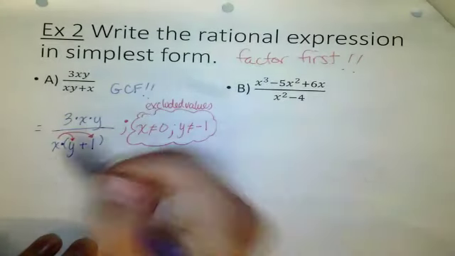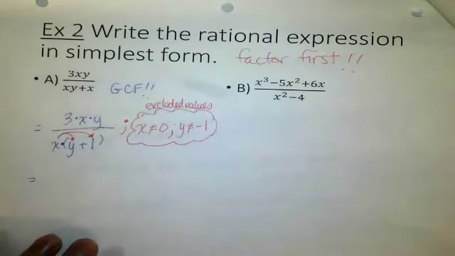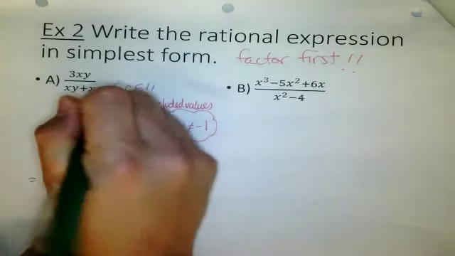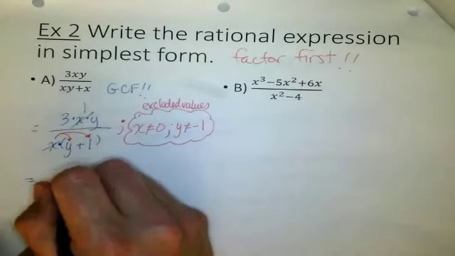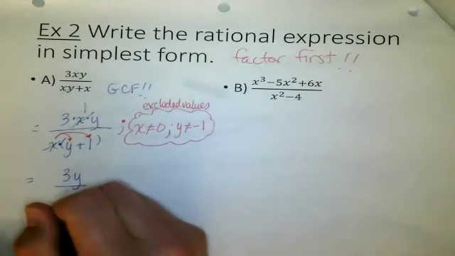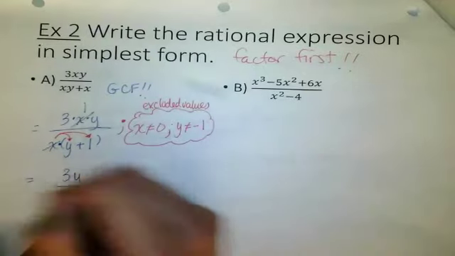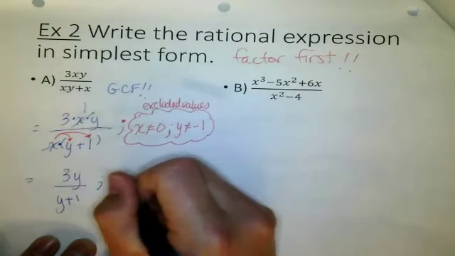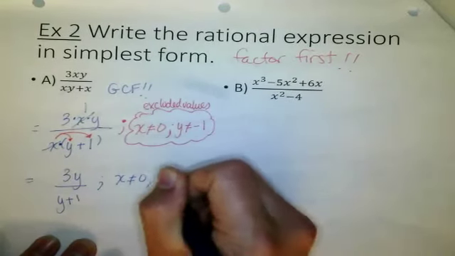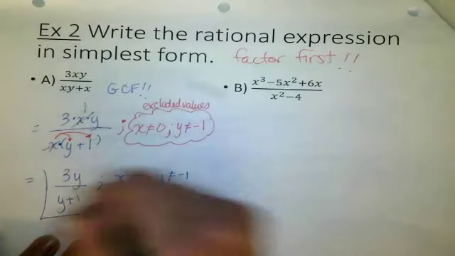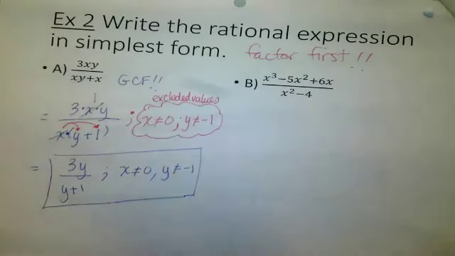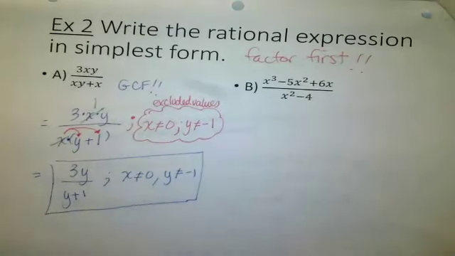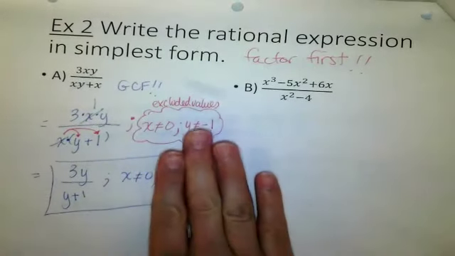So now that we've got this factored, what reduces? The x's. X divided by x is 1. So we're left with 3 times y in the numerator and y plus 1 in the denominator. And we've got some exclusions that we want to also include in our answer. Now, I will have this little thing. Your book might not have this part.